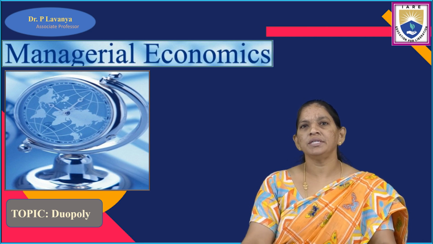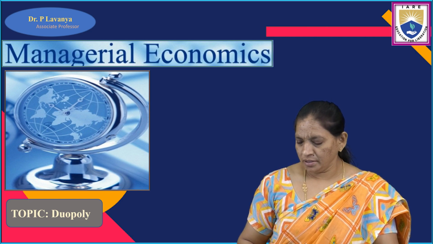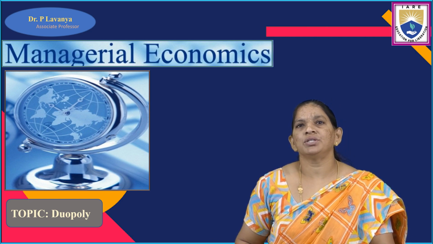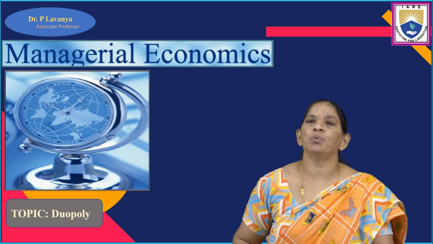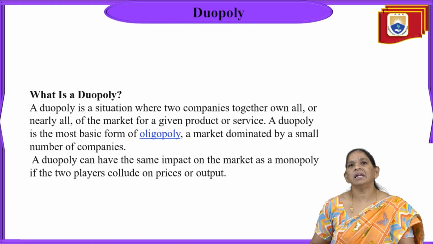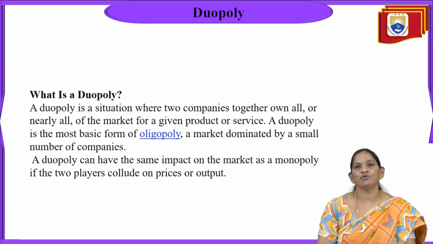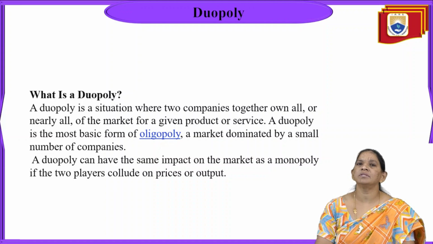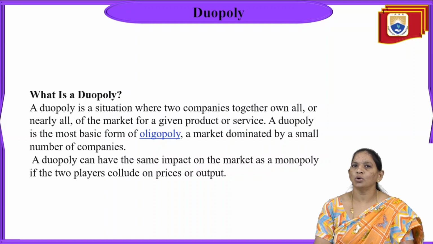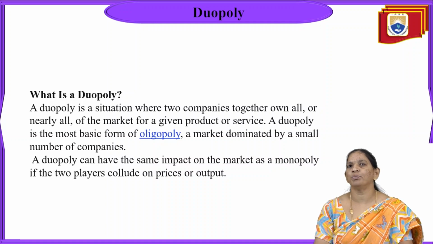So today we want to see about one of the market structures, which we call Duopoly. Already in our last videos we have seen different types of market structures, under perfect competition and imperfect competition.